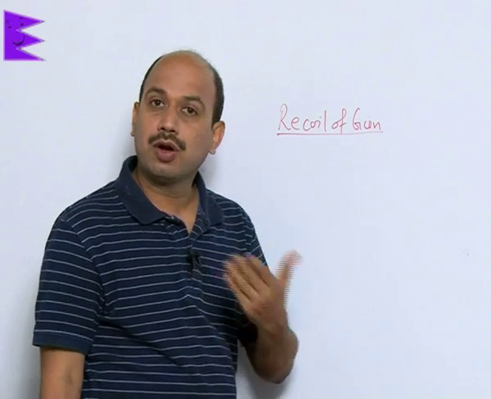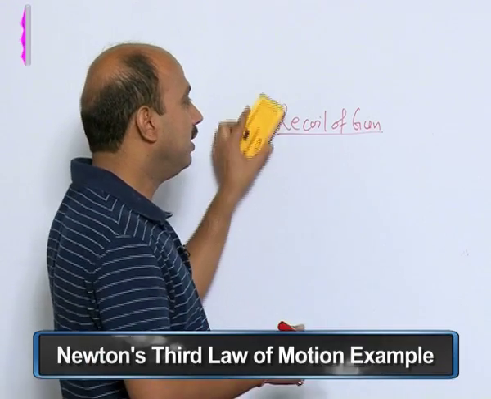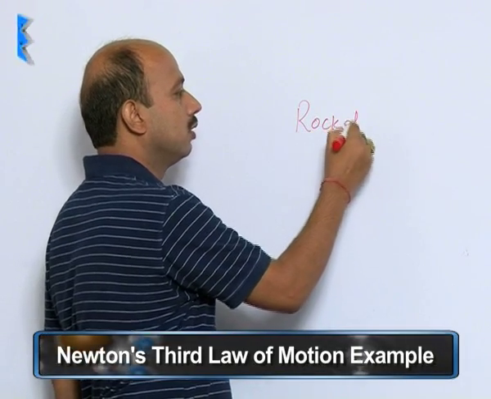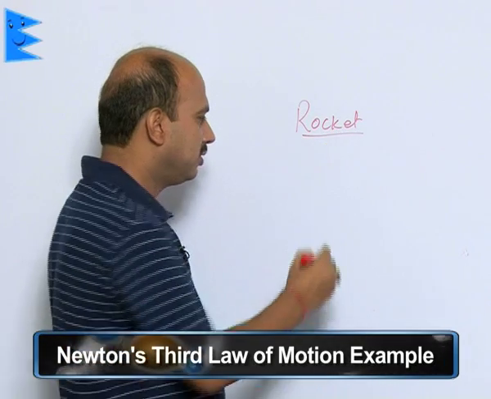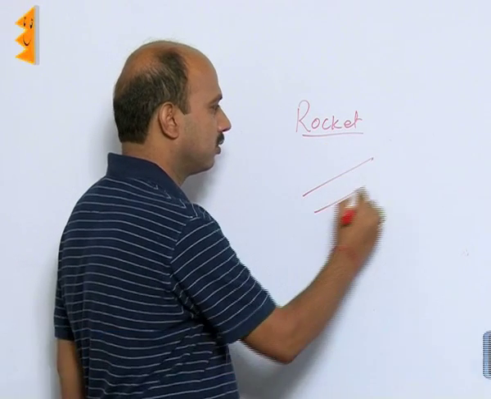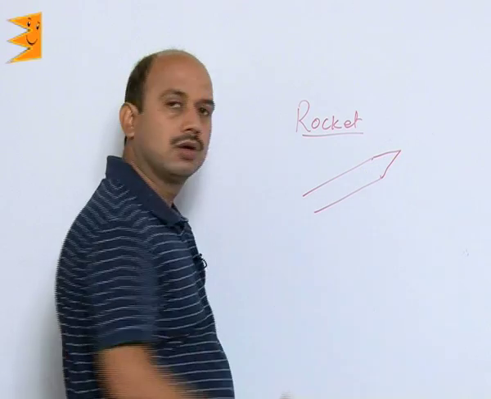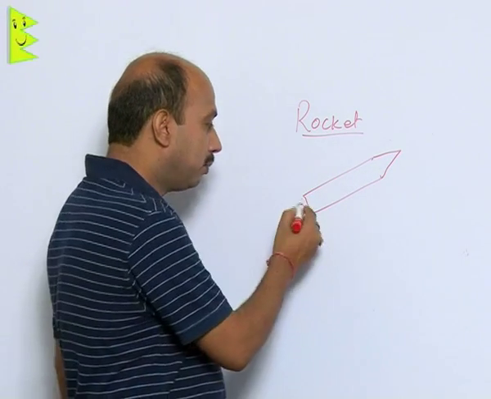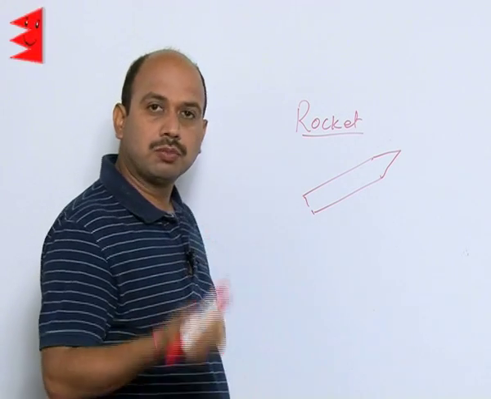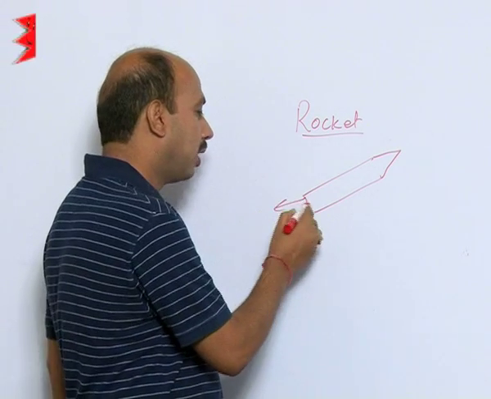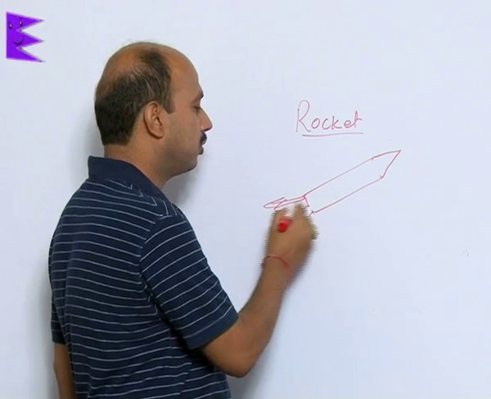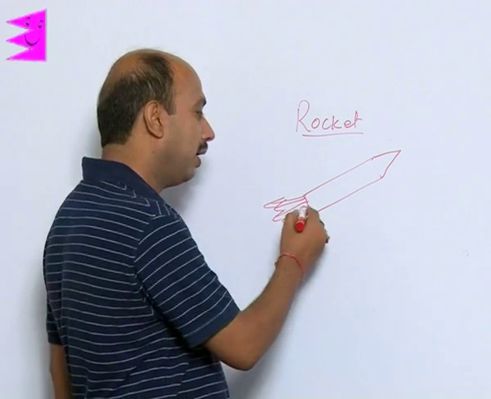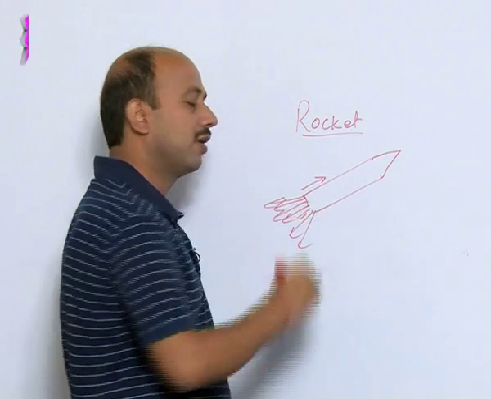Another example is the rocket. You might have seen the shape of the rocket is like this, and fuel is here. When the fuel of the rocket burns, the flames come out. These flames come out with great speed and they apply reaction to this side.